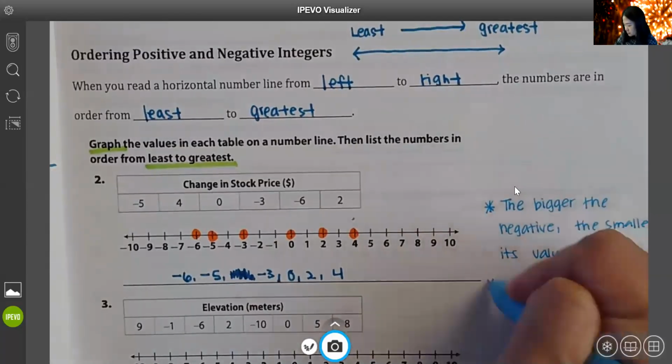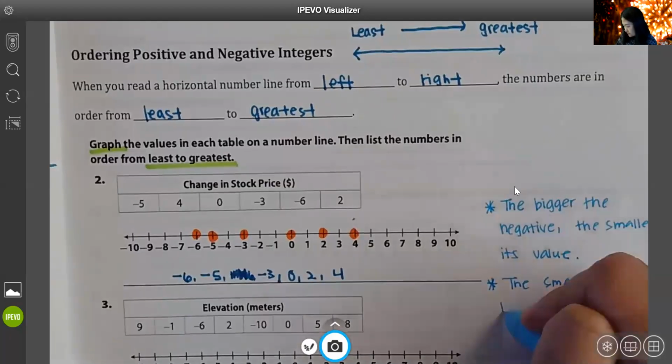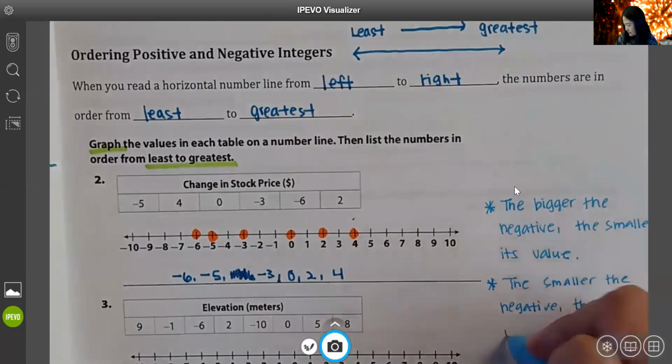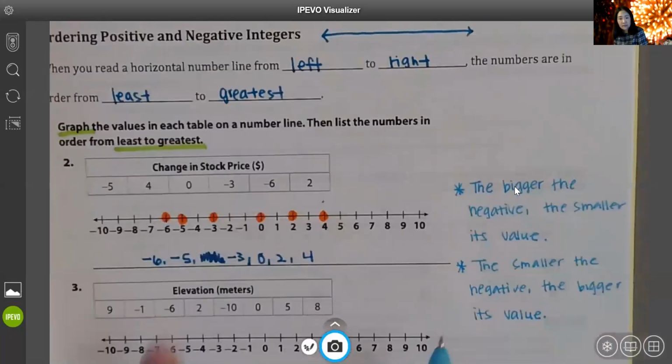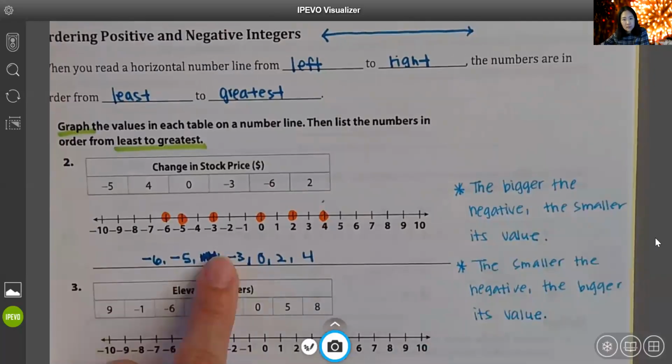And I also want you to write the smaller the negative, the bigger or larger its value. So what I'm saying is this: the bigger the negative number, the smaller the actual value of it. The smaller the negative number, the bigger the actual value of it.